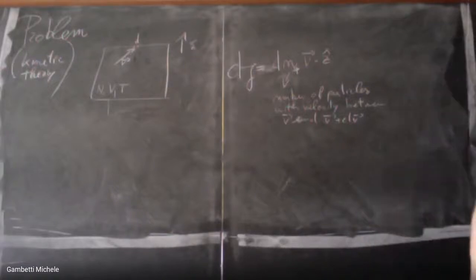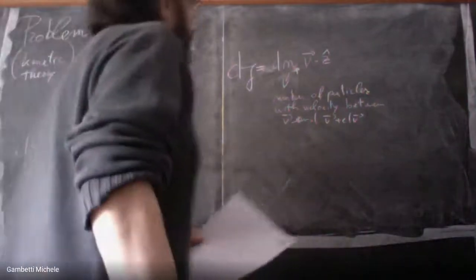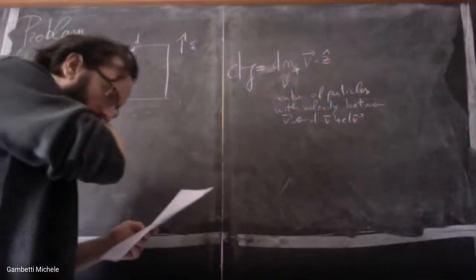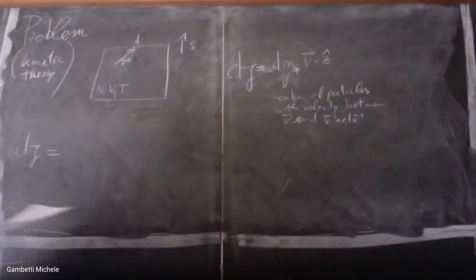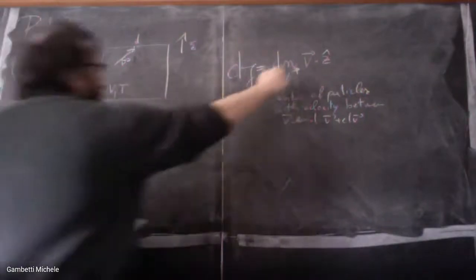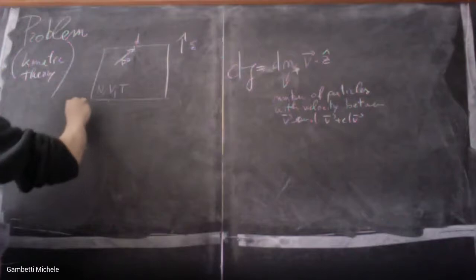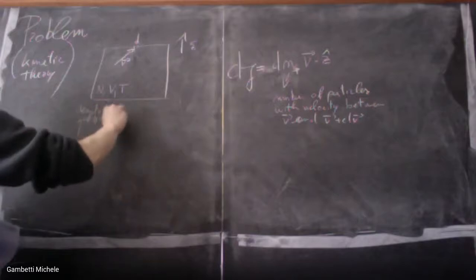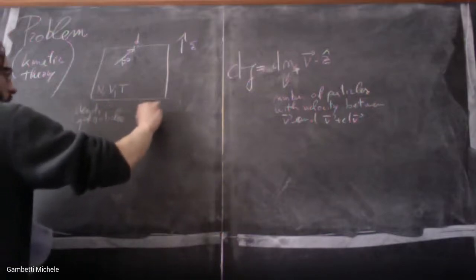Okay, so maybe now if I write the formula, it's more clear. So dj, by now using the Maxwell-Boltzmann distribution that we derived before, is basically the following. I will write the formula and then we will comment. So this is n, where n is not the same as this one. n is really the density of particles, so it's N divided by volume.